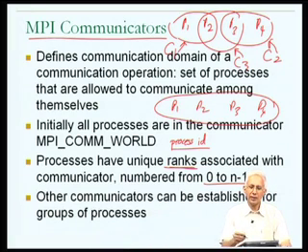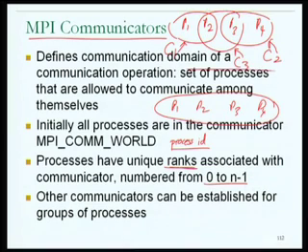And as I had mentioned, other communicators could be established for other groups of processes along the lines of the earlier example which I had used. So the two important concepts we see here are, one, the concept of the MPI communicator with the default of MPI_COMM_WORLD, and secondly the notion that every process which comes into existence when an MPI program is executed will have a unique rank.